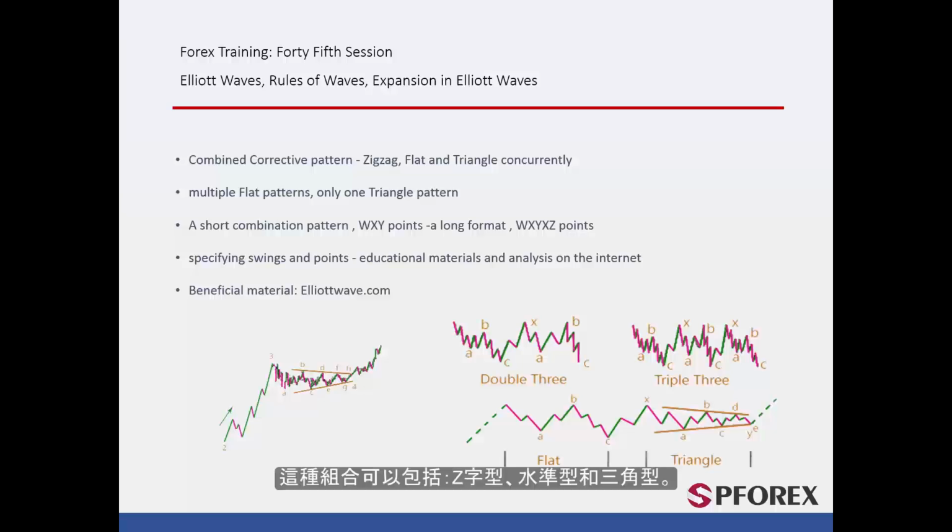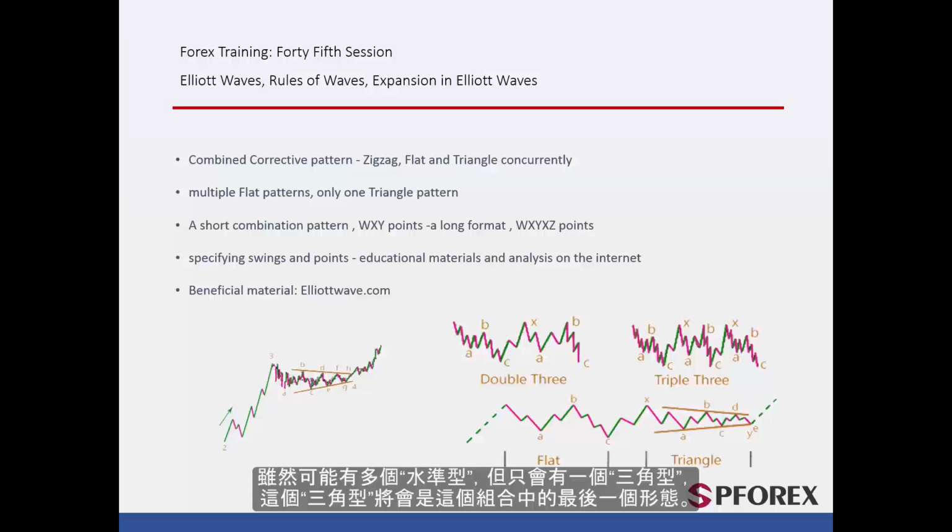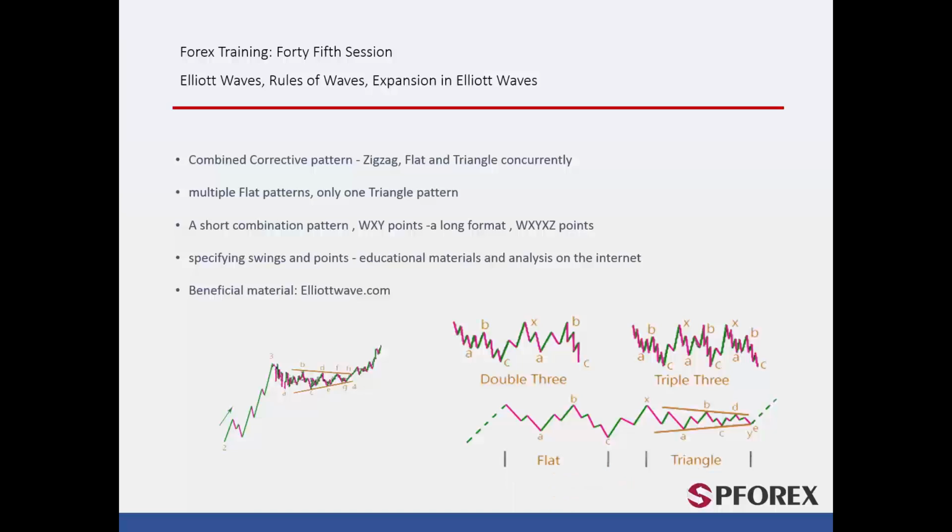The combination can consist of zigzag, flat, and triangle concurrently. While there can be multiple flat patterns, only one triangle pattern can form, which will be the last pattern of this combination. A short combination pattern has WXY points, while a longer format has WXYZ points.